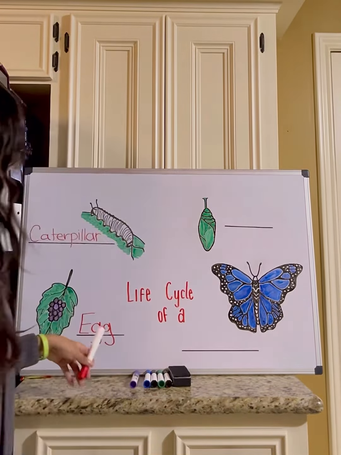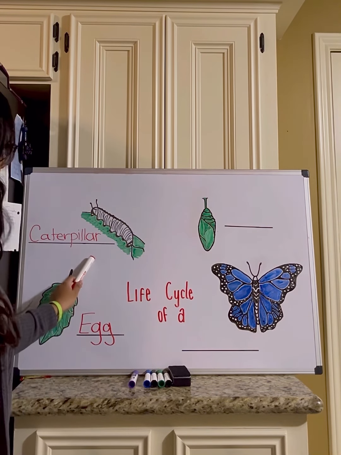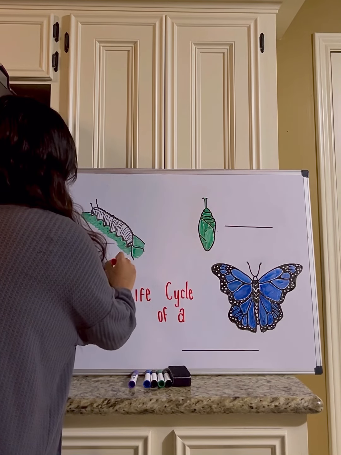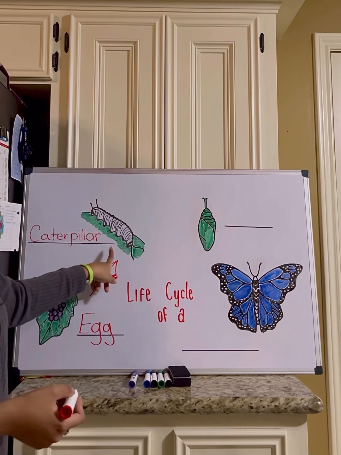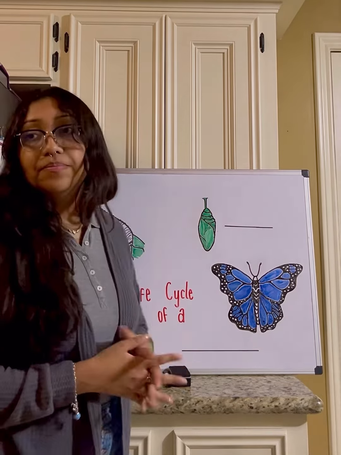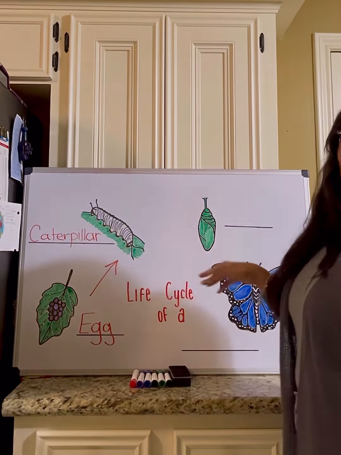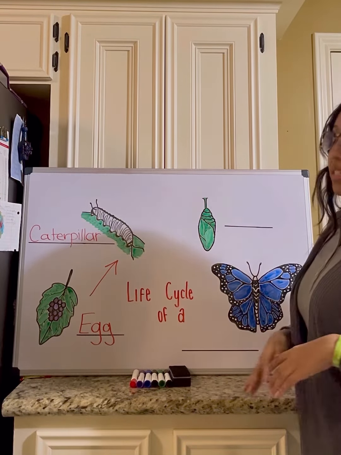So, everybody, the first step, egg, okay? The second step, caterpillar. Okay, so let's do an arrow right here, okay? Just to know that it goes from here to here, okay? And let me know if you have any questions, please. Okay, so the third step of the life cycle of a butterfly is the pupa.